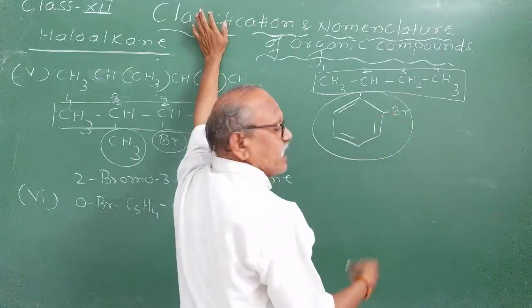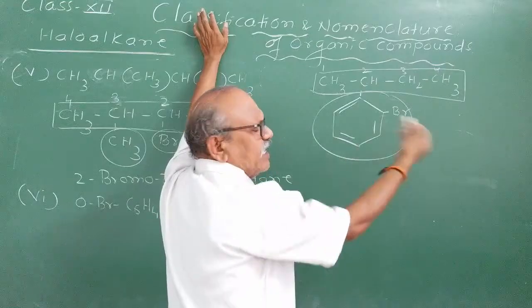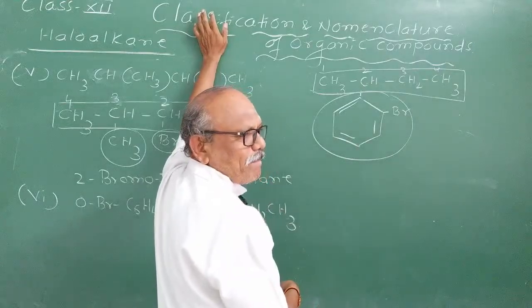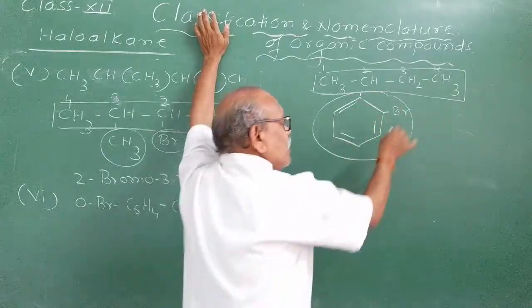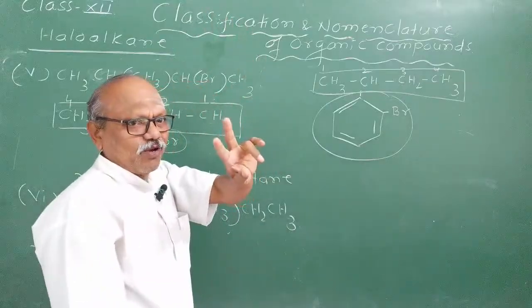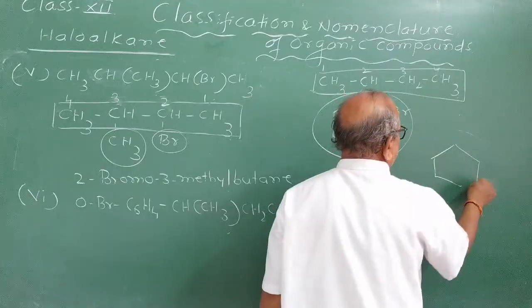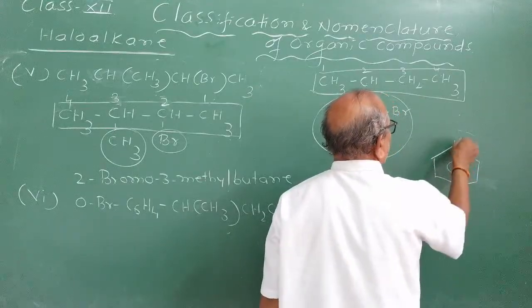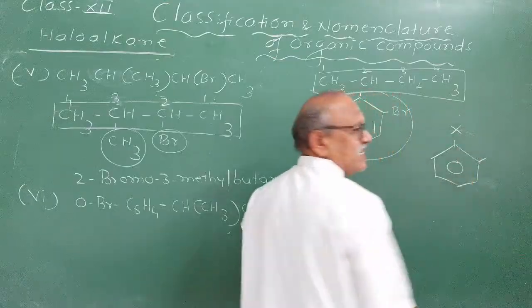It will come under benzyl halide or aryl halide. Halogen atom is linked to the benzene nucleus. You have two types of aromatic compounds: those in which the halogen atom is directly linked to the benzene nucleus, and those in which the halogen atom is linked to the side chain.